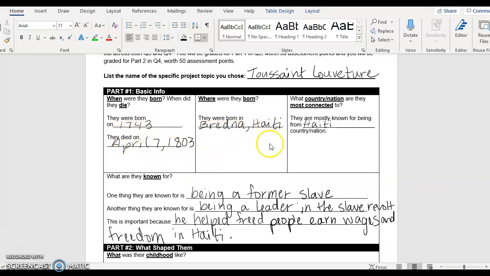Where were they born? And they're most known for being from Haiti or wherever your person is from. One thing that they are known for, being a former slave. Another thing that they're known for is being a leader in the slave revolt in Haiti. And it's important because this person helped free people earn wages and freedom in Haiti.